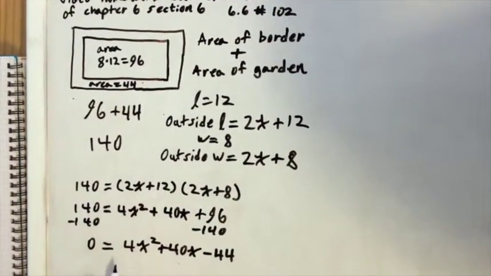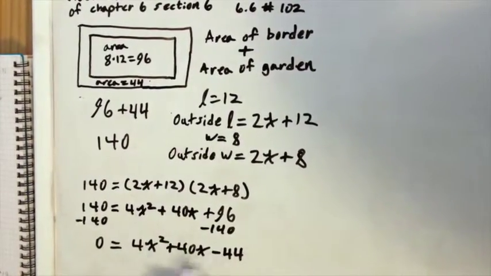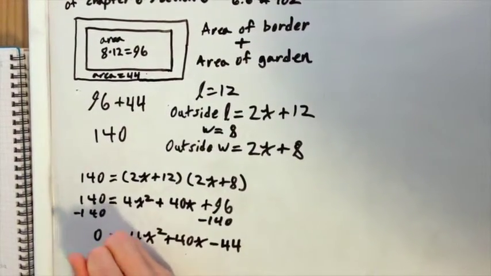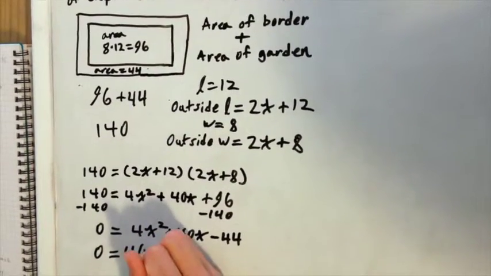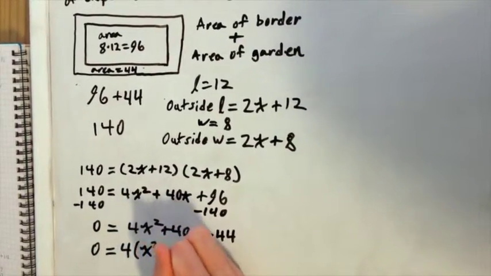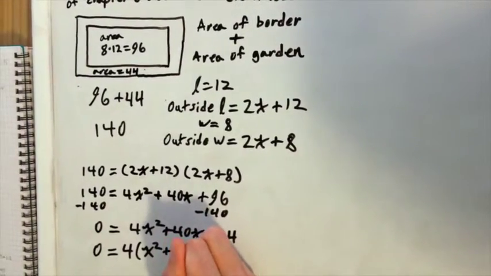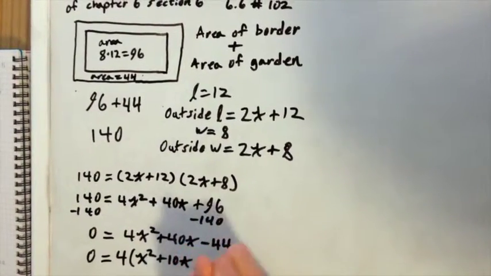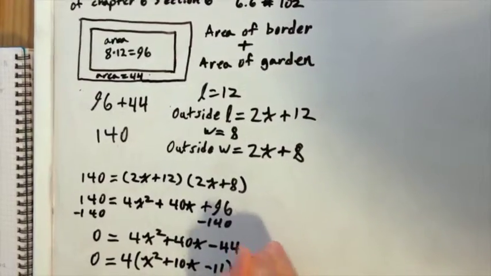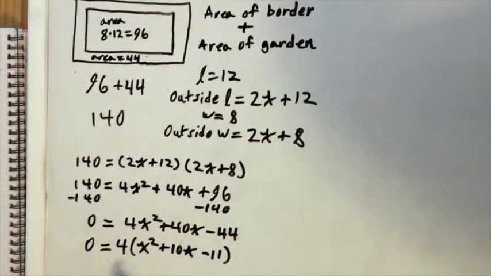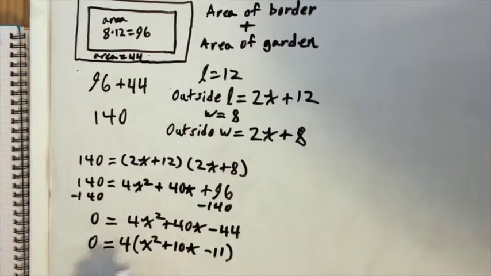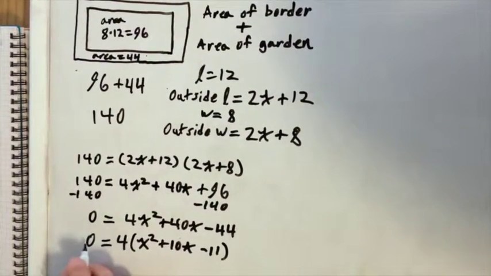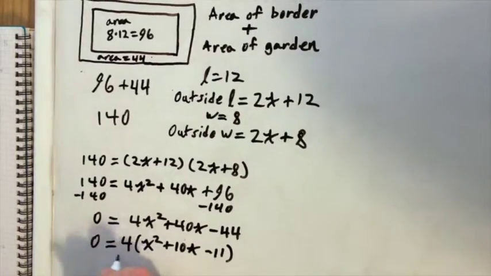Now we can factor out a greatest common factor here of 4. All terms have this in common. So we have 4 times the quantity x squared plus 10x minus 11. Now we can divide out this 4 since it's not a variable, and 0 divided by any number is equal to 0.